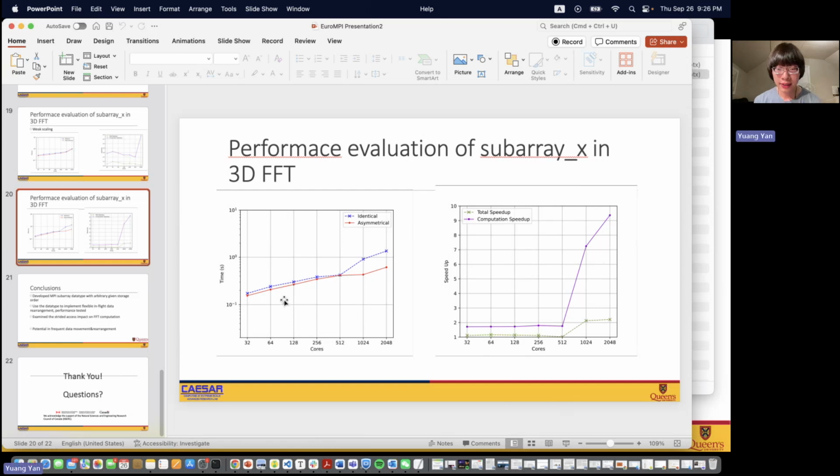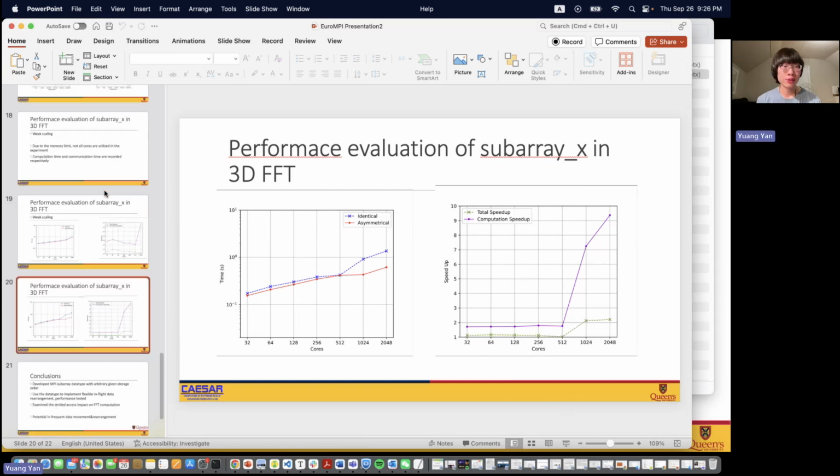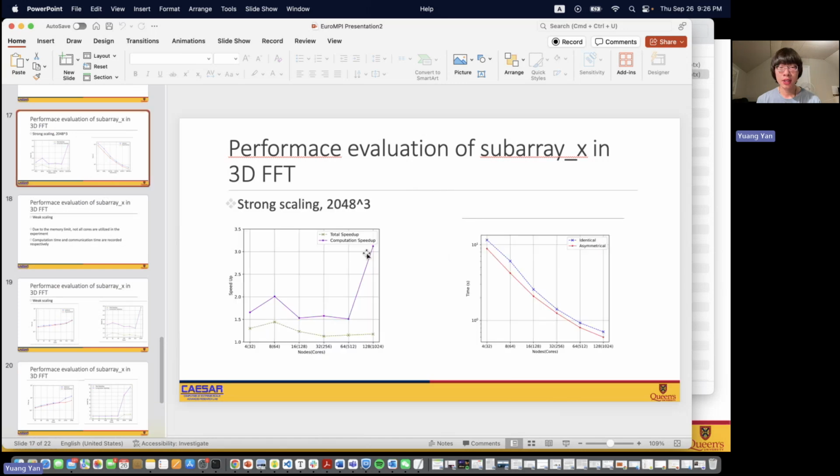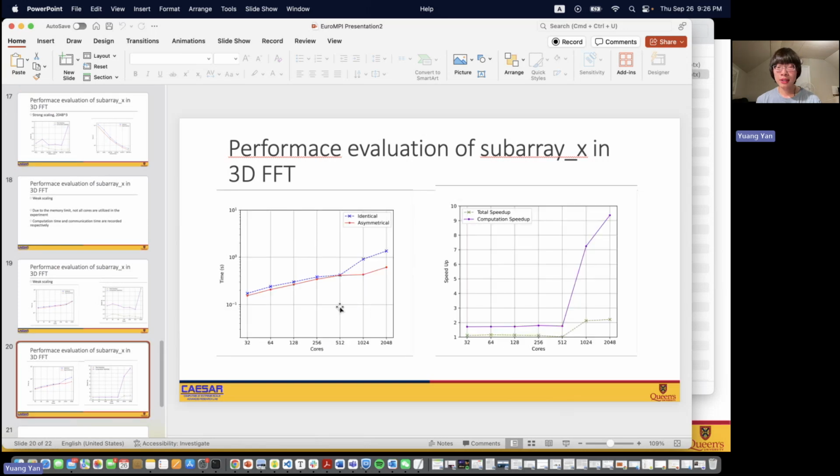This is weak scaling, and in both weak and strong scaling, we have observed a strange spike in computation speedup. From the reviewers, some suggested we look into the cache, but at that moment we did not have enough time to do further investigation. So it's really good advice that we could collect the cache hit statistics to explain this phenomenon. Okay. Thank you.